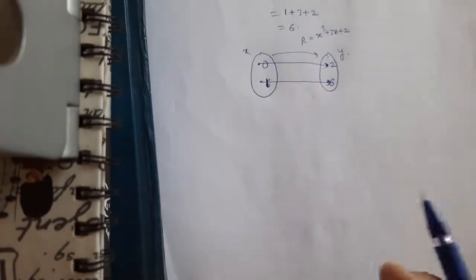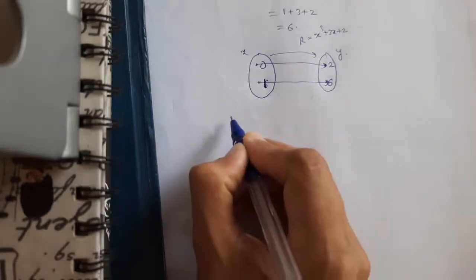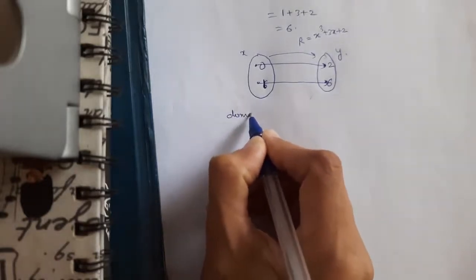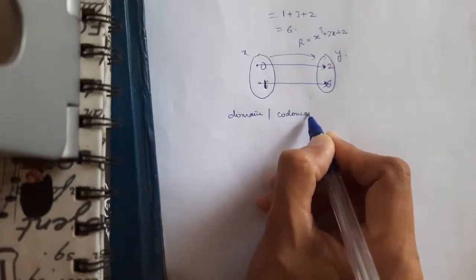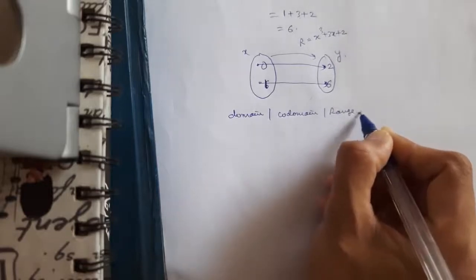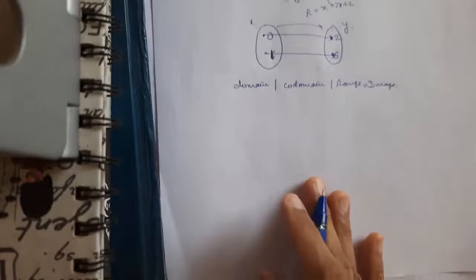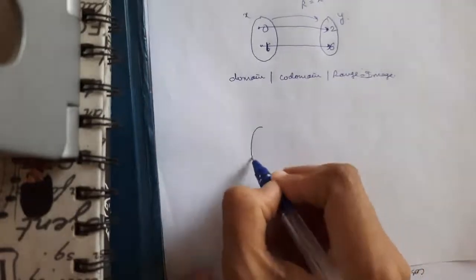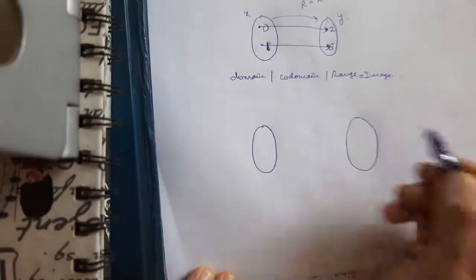Now the next important values are domain, codomain and range of the function. So we will see what the domain, codomain and range of the function are, and range is also called the image of the function. Suppose I have a set of alphabets here and a set of names here.